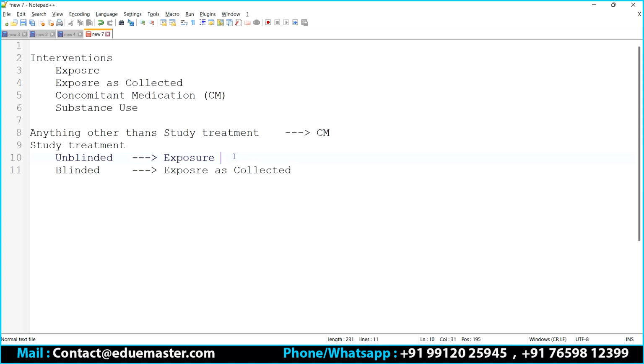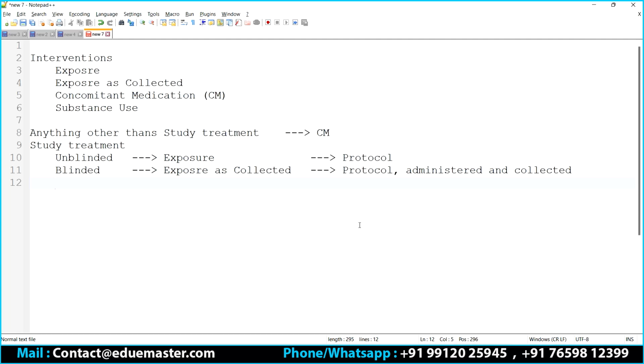Exposure primarily deals with what is mentioned in the protocol. It is all about what is mentioned in the protocol. Are we going with that or not? When it comes to your exposure as collected, it covers what is defined in the protocol, how we administer that, and what we have collected. All the 3. Yes, we are going with the protocol, right?